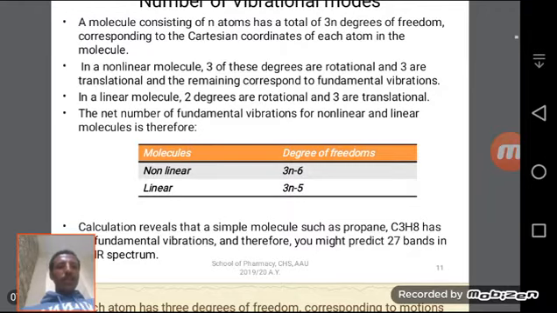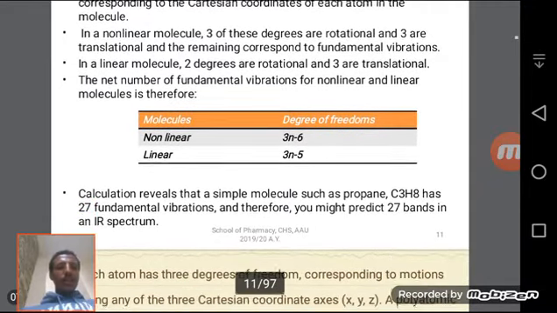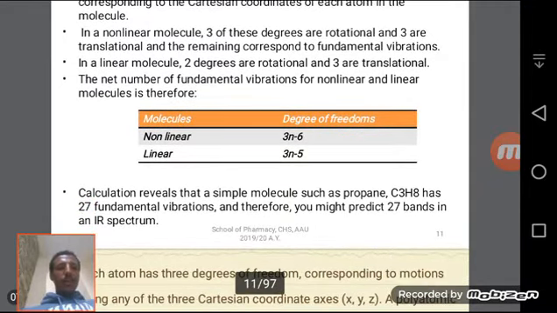As a result, 6 are subtracted from the total. Fundamental vibrations are 3n minus 6 because the translational and rotational motions are removed. In the linear molecule, there are 2 degrees of rotational and 3 translational.